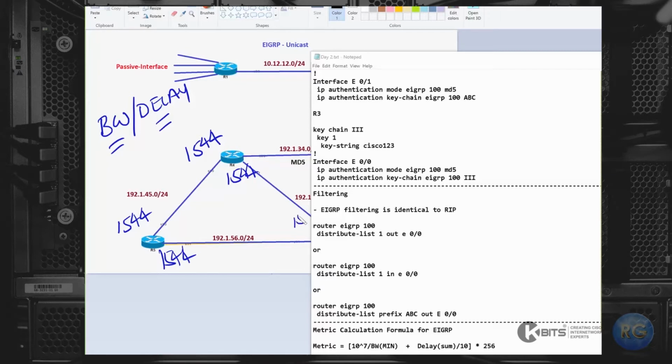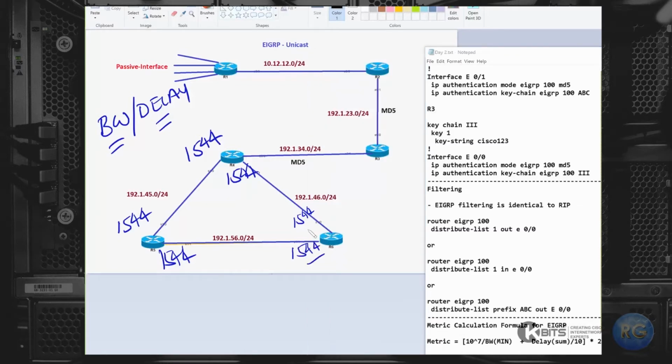Same thing over here. This is your bandwidth. What's your delay? The delay defaults to 20,000 on a serial link. On Ethernet, it's different.